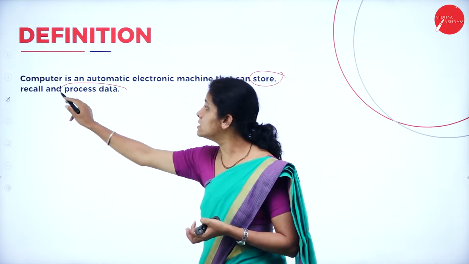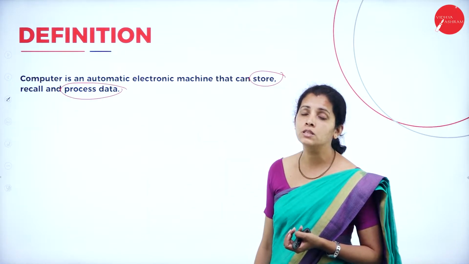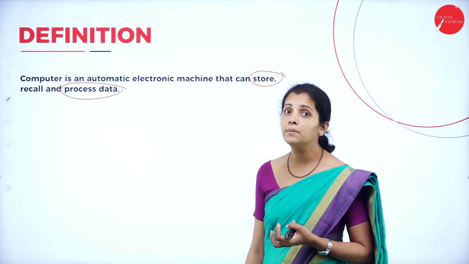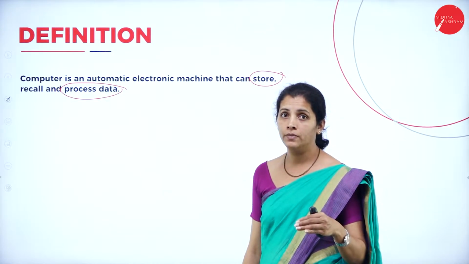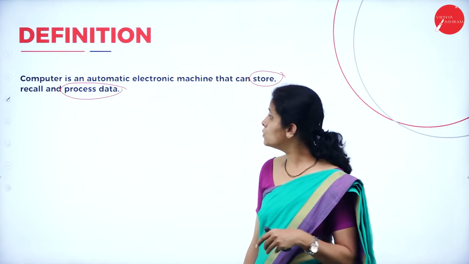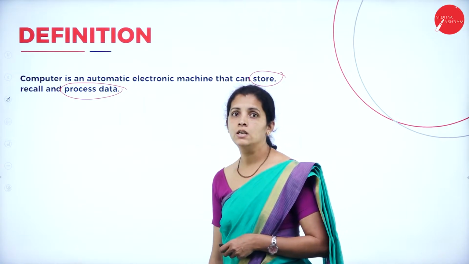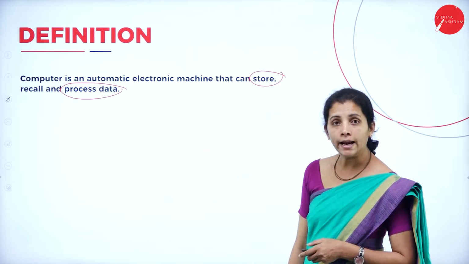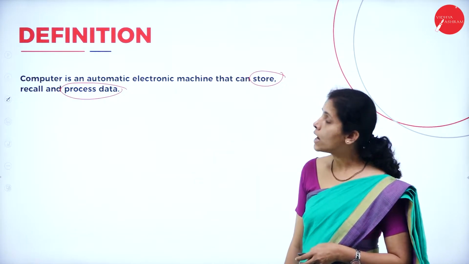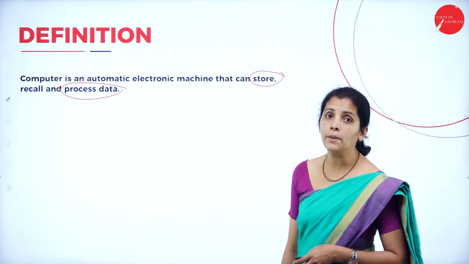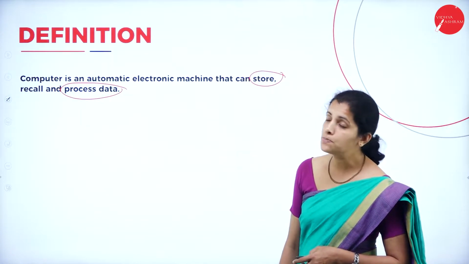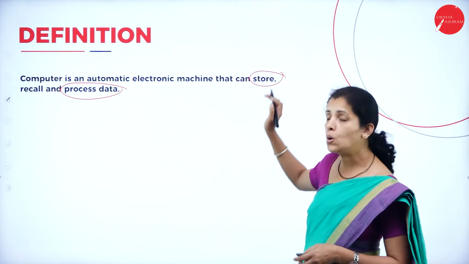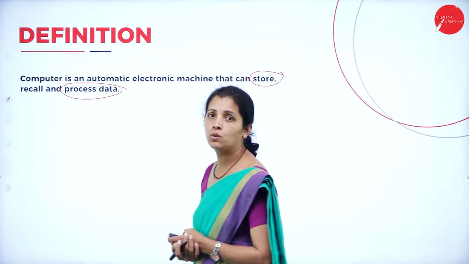And process data. So what is process? Process is nothing but the executing. So execution itself is known as process. So a computer is an electronic device or automatic electronic machine, and that is responsible for store, recall and process data.